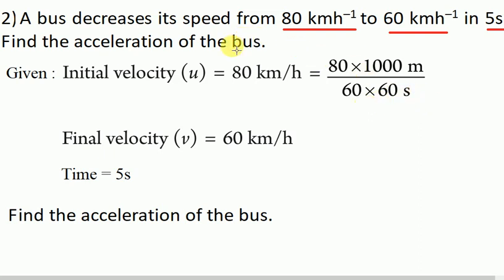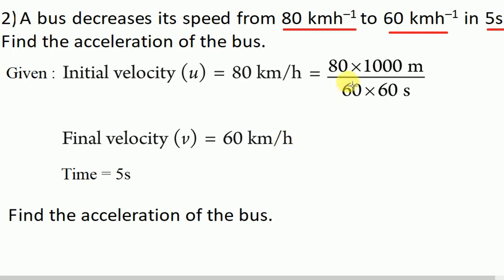So I will multiply 1000 upon 3600 into 80 to get the final answer in meter per second, as we are converting kilometer per hour to meter per second. Instead of doing this simplification again and again, you can simplify 1000 upon 3600 first, and you will get 5 by 18. Similarly, for 60 km per hour, we can directly multiply 60 into 5 by 18. This saves a little bit of time.